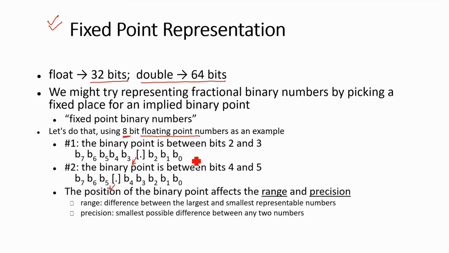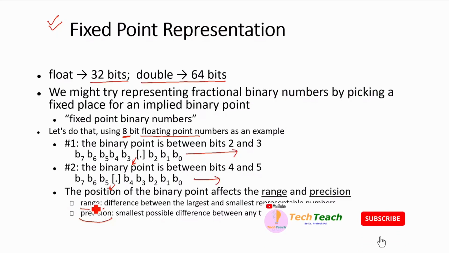The same number can be represented by this and this also, but there will be a difference in what? There will be a difference in range value and a difference in precision value. Based on the binary point position, there will be a decision of range.